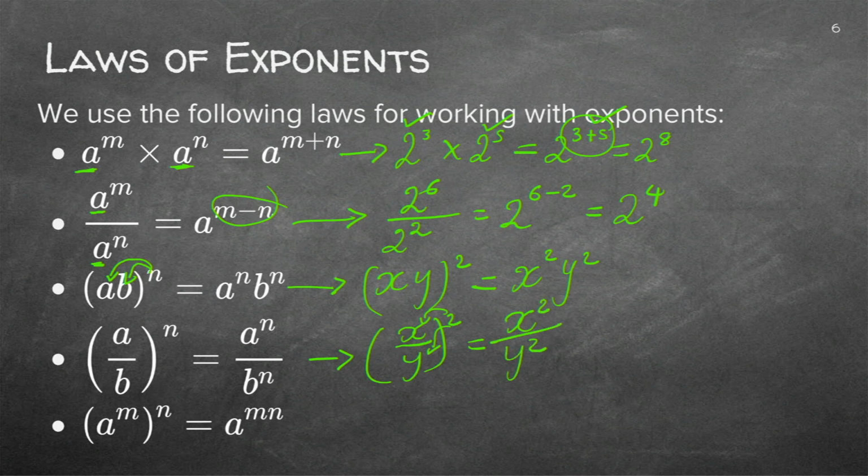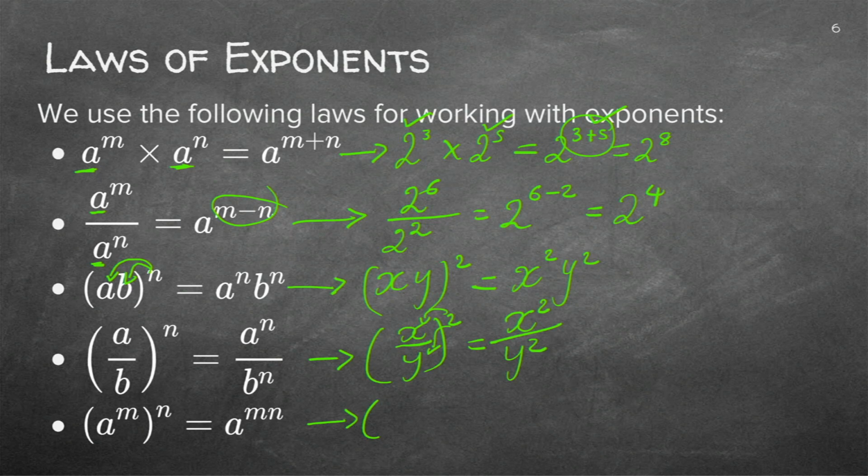And lastly, we have one more law that says if you have one exponent inside the bracket and another exponent outside the bracket, you simply multiply the exponents together. So this one says a to the power of m, bracket, to the power of n. Let me just give you another example.